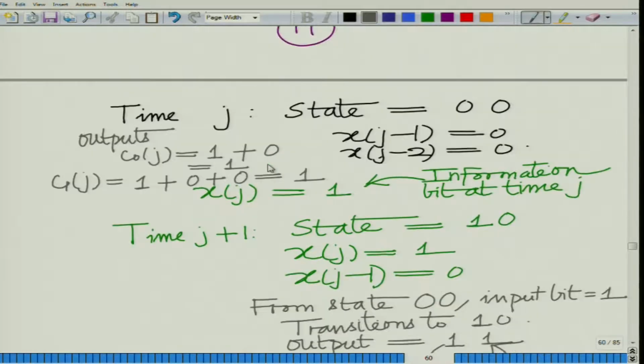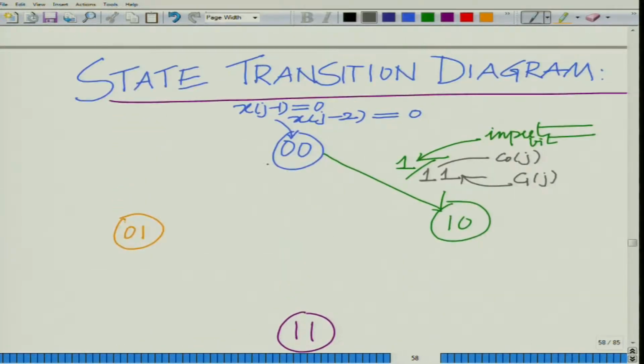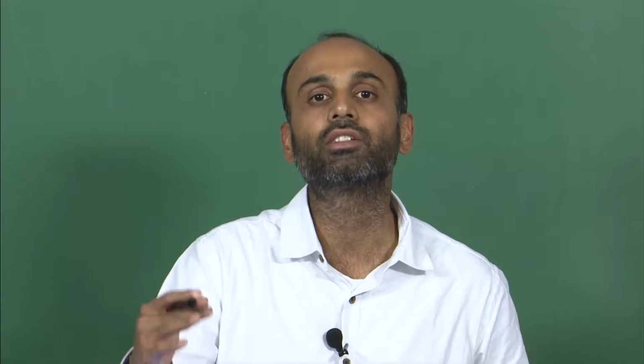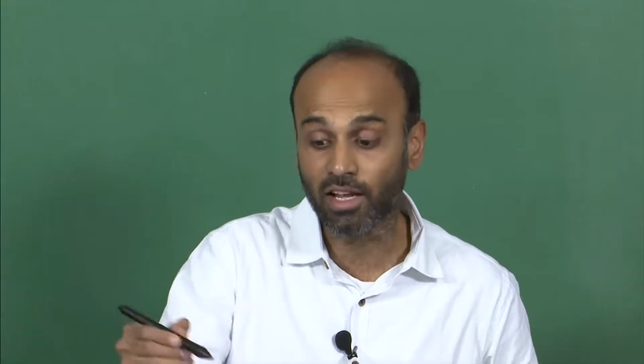Similarly, now let us say we have input xj equal to 0. At the next time instant j plus 1, the state will have xj equal to 0 and xj minus 1 equal to 0, so it is a self transition.